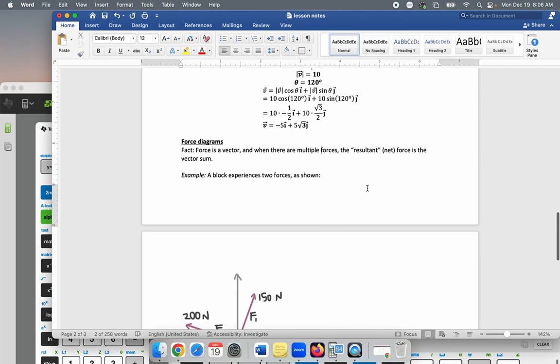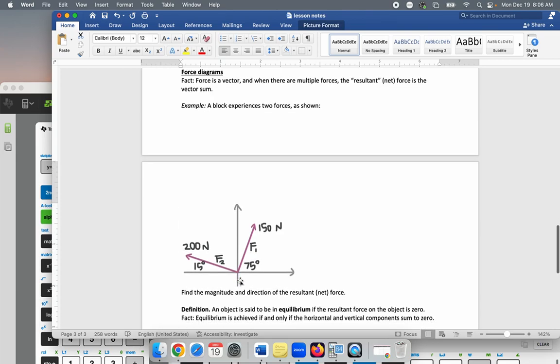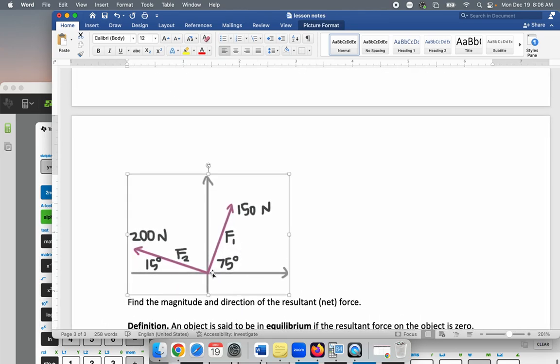So let's consider the following example. A block experiences two forces as shown, so you can imagine the block as being right here at the origin, and there are two forces acting on this object. One of the forces, F1, is acting with a strength of 150 newtons. N stands for newtons, which is just a unit of force. You don't really have to know what it means exactly.